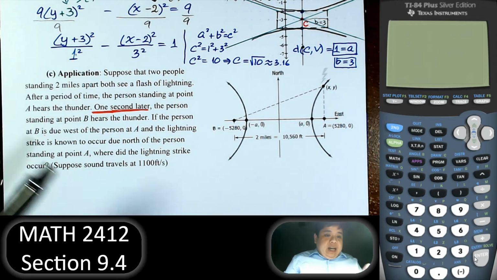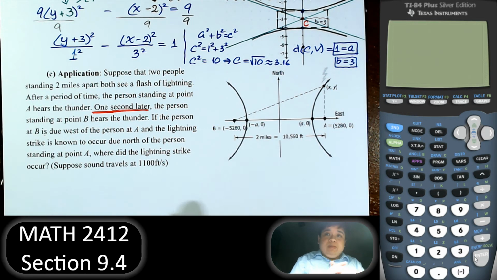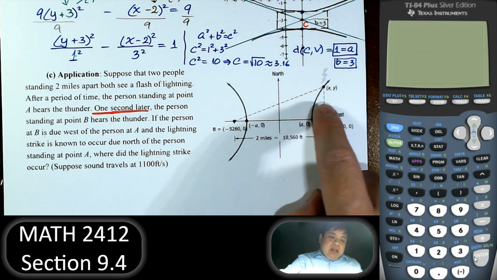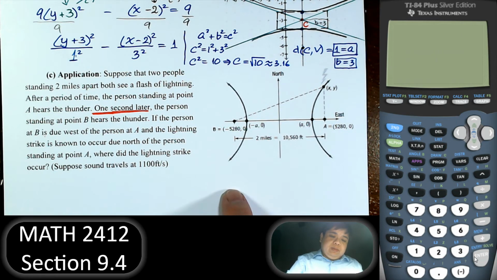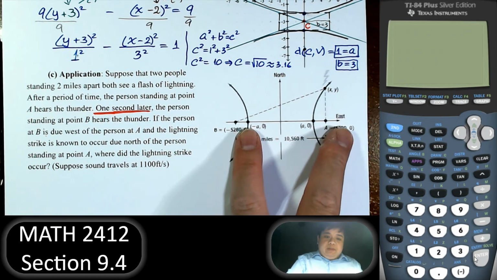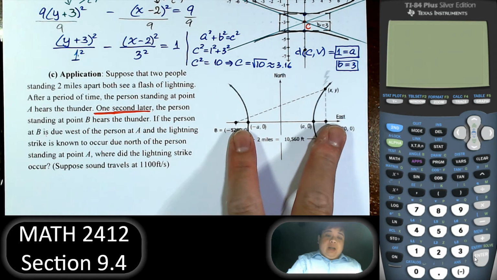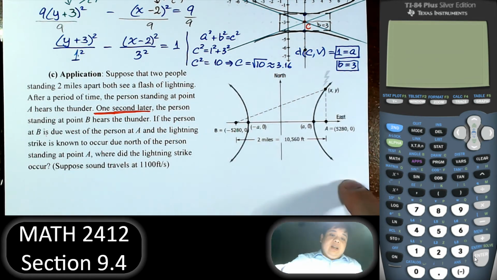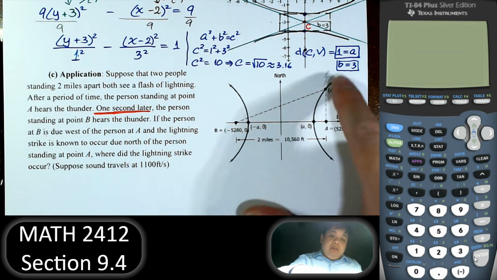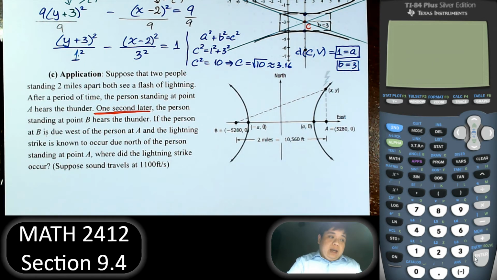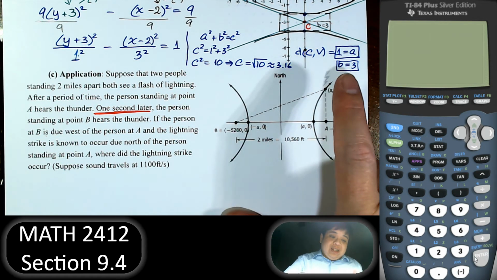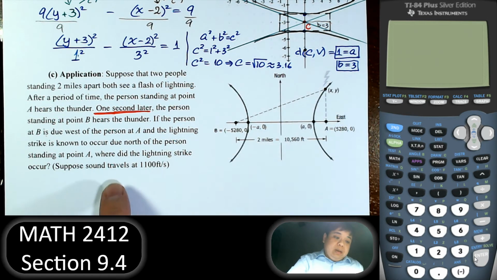By the way, this is a very useful application. Now we only have 2 points, and we know the distance between them. We should be able to determine that the path of the lightning must be on the hyperbola, because the difference between the distances is going to be equal to the distance sound travels in 1 second.